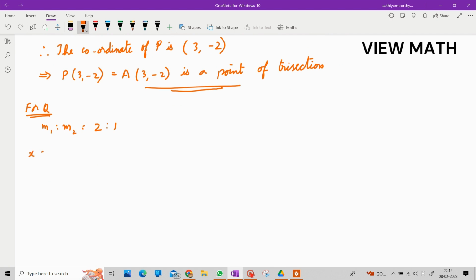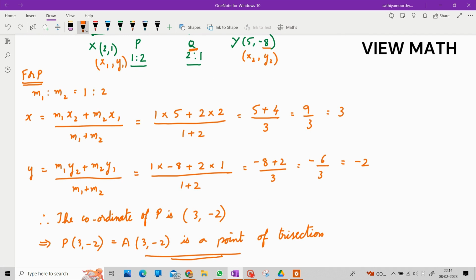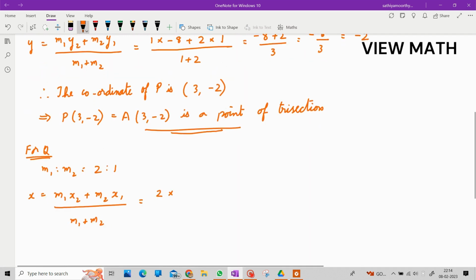X, using the section formula, (m1 x2 plus m2 x1) by (m1 plus m2). So this is equal to m1 is 2 into x2. x2 is 5 and x1 is 2.